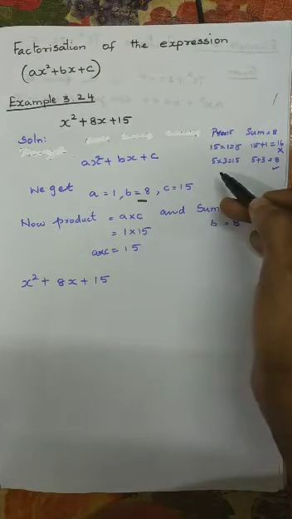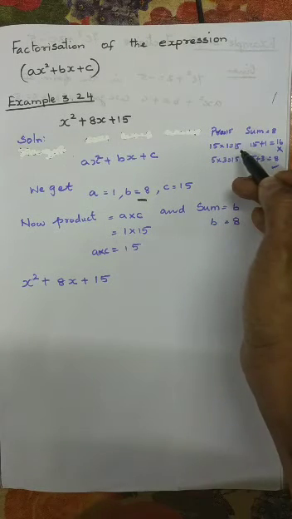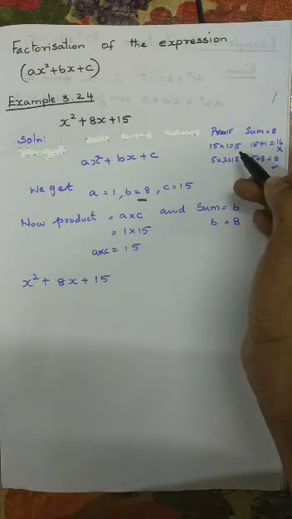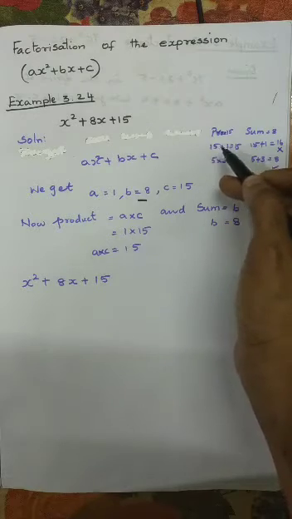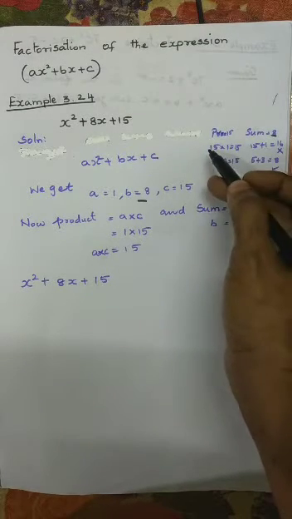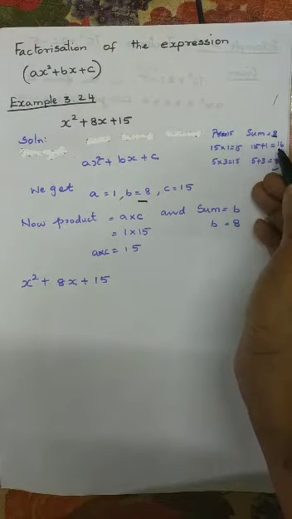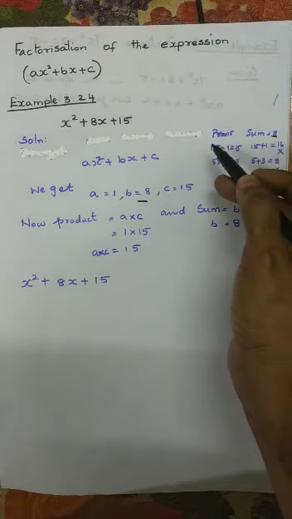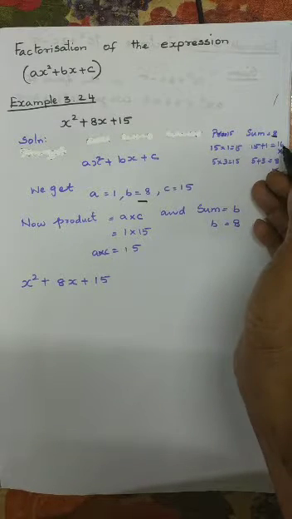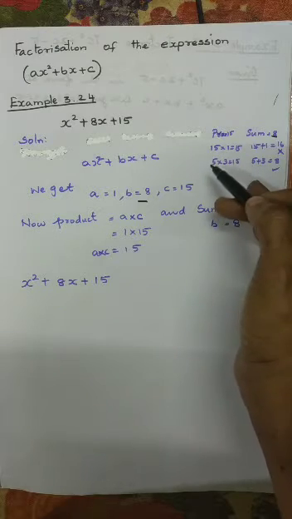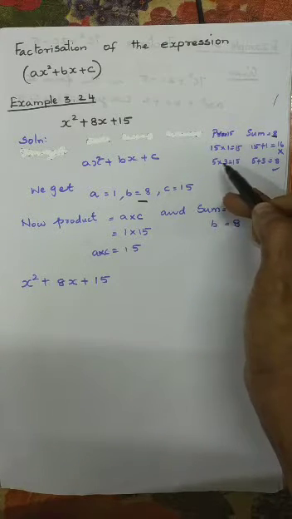Yeah, 5 3s are 15. Then 15 1s are 15 we can write. If we add these two, 15 plus 1 is 16. Isn't it? If we add both we will get 16. So we cannot use this. So 5 3s are 15.